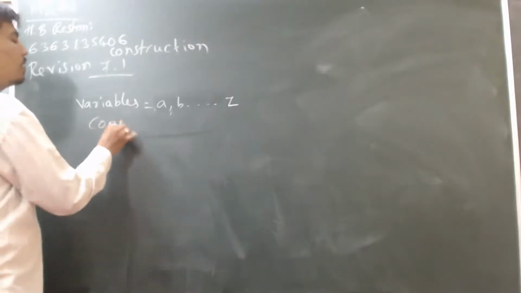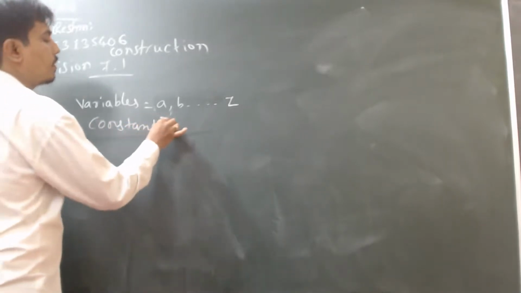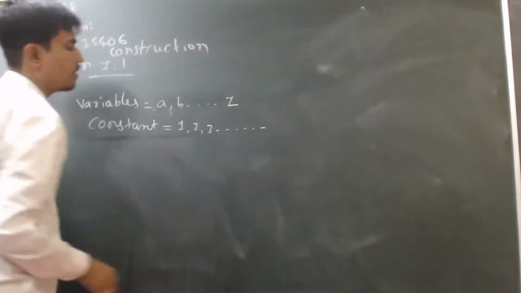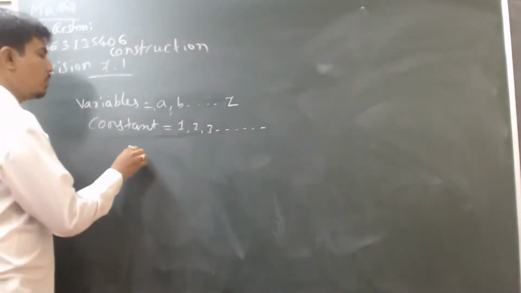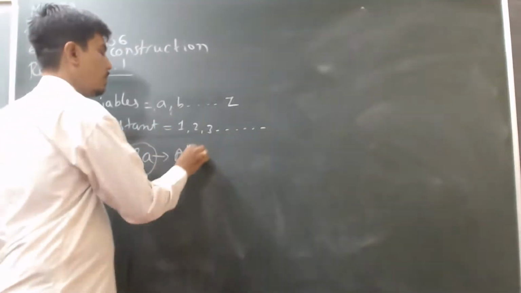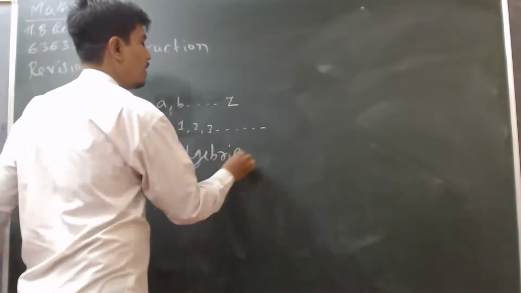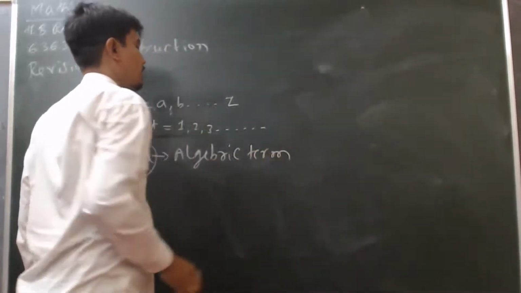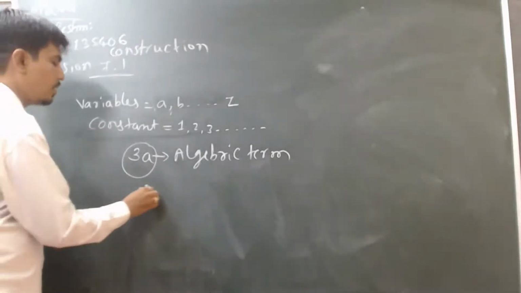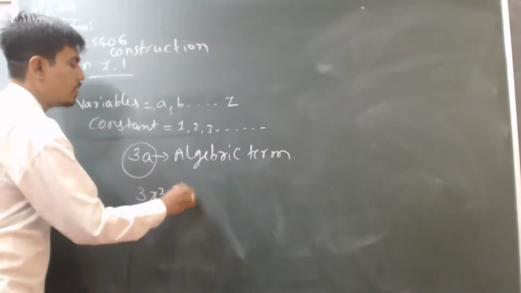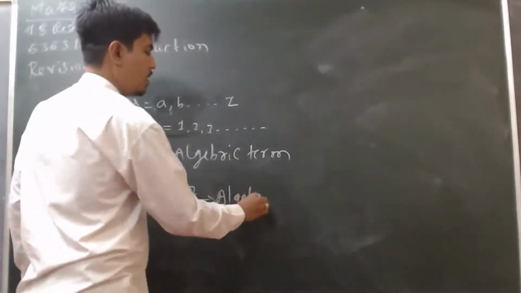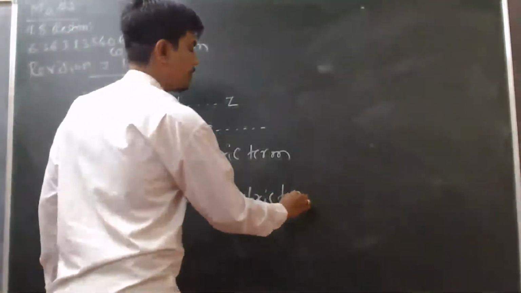Then comes constant, and they are nothing but 1, 2, 3 and so on. Now the combination of these two, that is 3A, is called an algebraic term. Even 3x square, y square and z square is also an algebraic term.